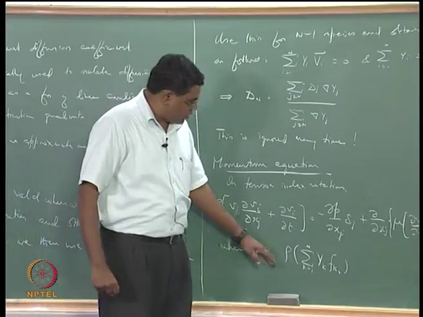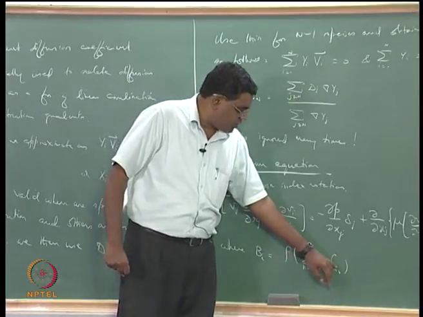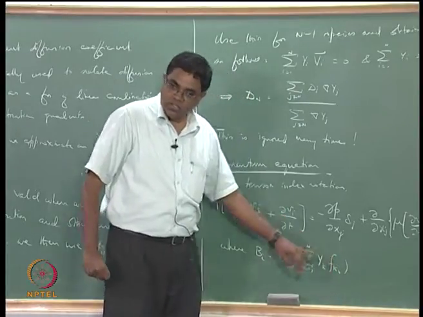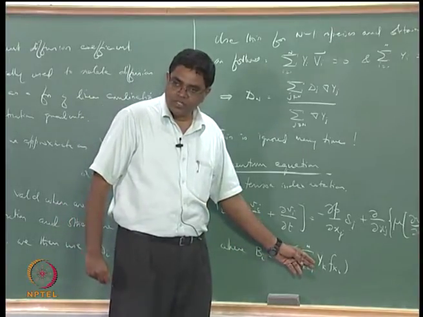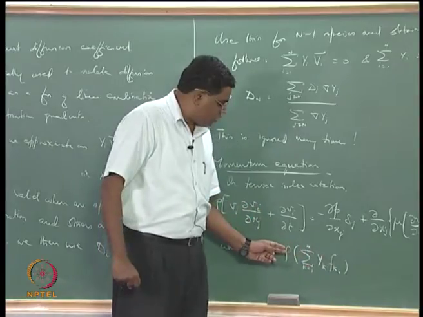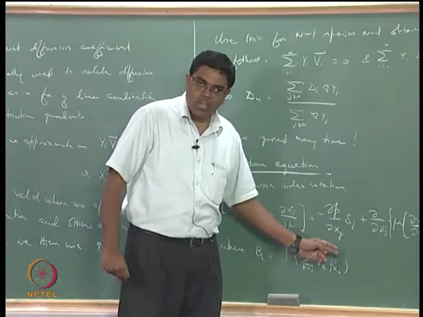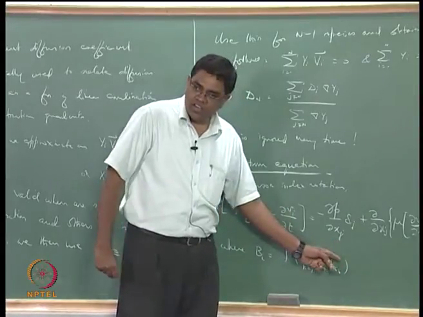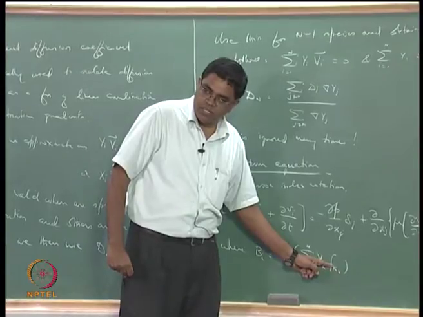Bi is actually rho times the sum over k equals 1 to n of Yk fki. Of course rho does not depend on the summation, so it could be taken in, and if you think about rho Yk as rho k, fki obviously is a vector, but k means it depends on species.